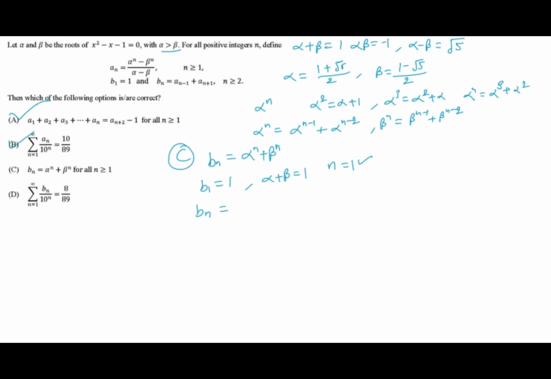So Bn is an minus 1 plus an plus 1. I will write it this way. Since alpha minus beta is the same, I will just write it together.